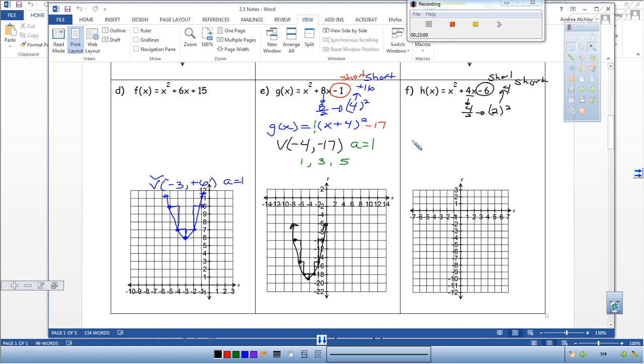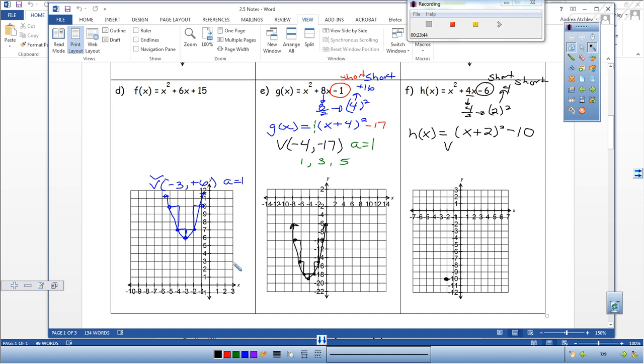Okay, so my formula should be h of x equals x plus 2, the whole thing squared, and I'm short 10. Any questions over that? My vertex, then, is negative 2 and negative 10, which is way down here.